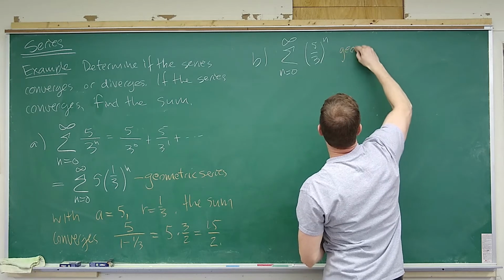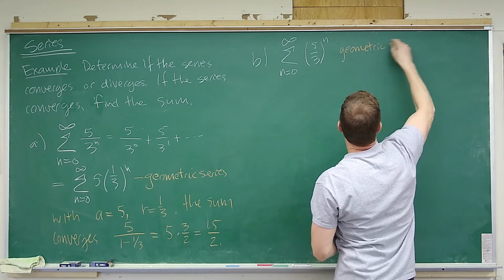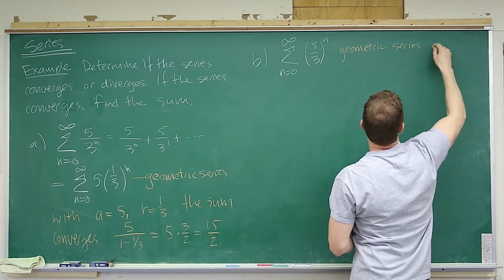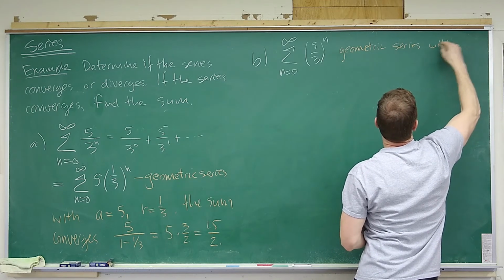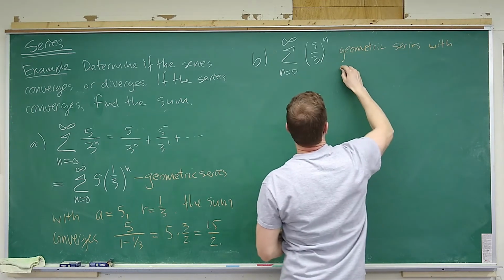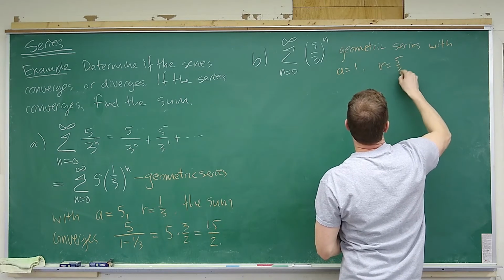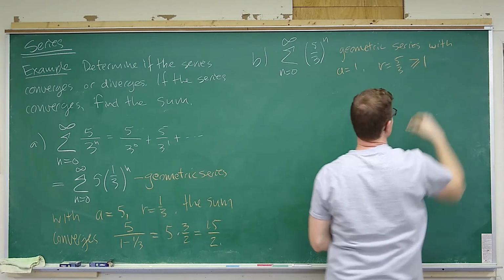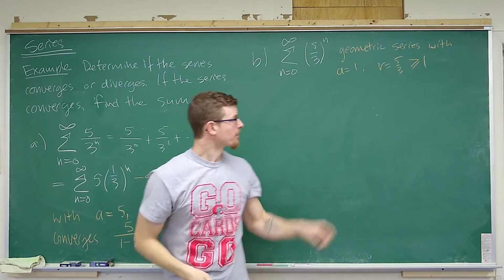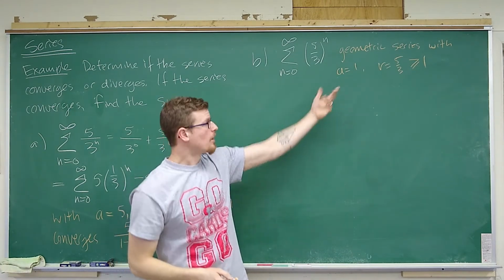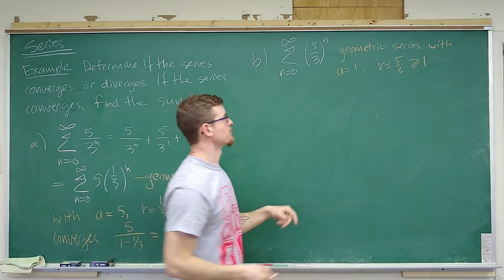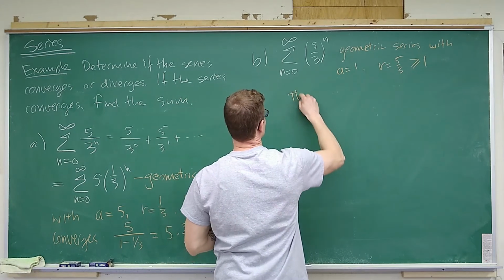So this is a geometric series with A equal to 1 and R equal to 5/3, which is greater than or equal to 1. Because we have an R value of 5/3 greater than or equal to 1, this series diverges.